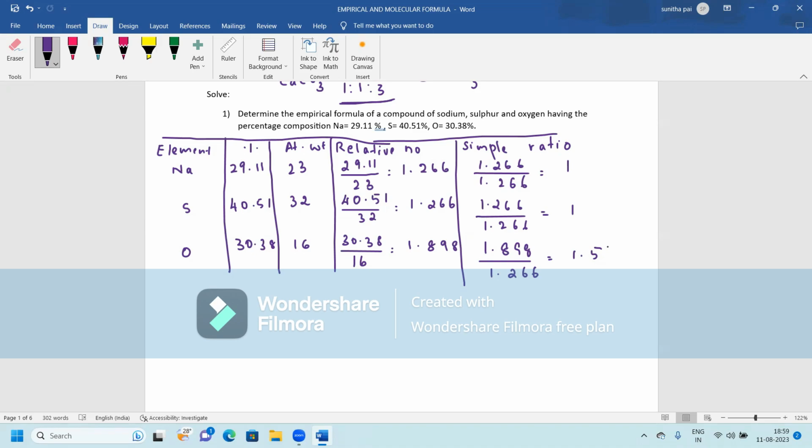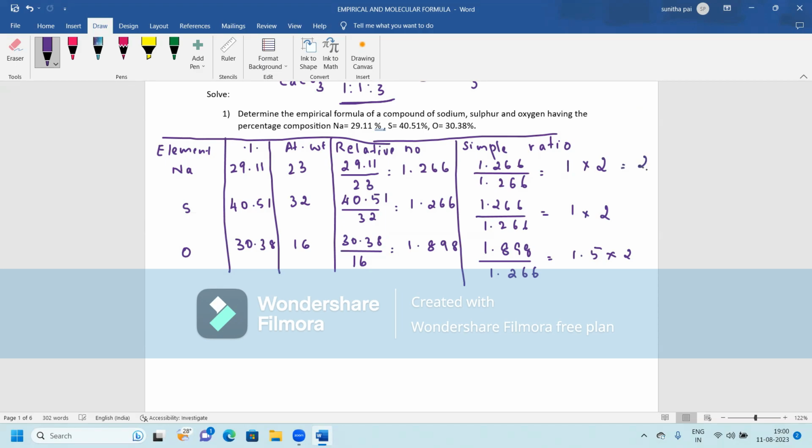But here, what I have got is exact 1.5. When I get exact 1.5, I cannot round this off. Instead, this has to be multiplied with 2. When I multiply the last number with 2, definitely it becomes compulsory to multiply the other numbers also with 2.